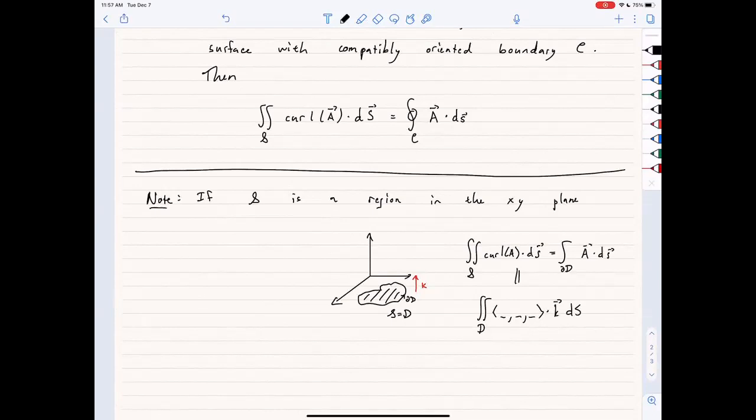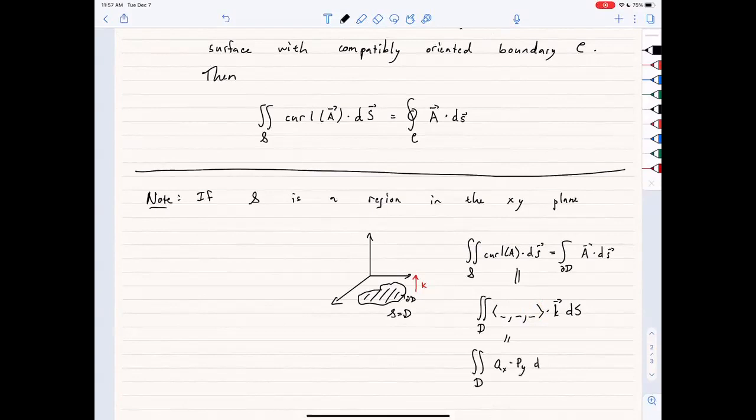Normally, we don't have a constant normal vector. It has to change. But in this case, it is. If I dot a vector with K, what I'm really doing is pulling out that last component. I'm dotting with 0, 0, 1. So I just get that last component. And so this is the integral over D of the last component, which if you look above, is Qx minus Py.